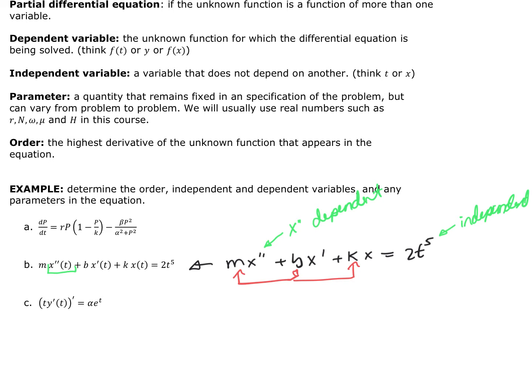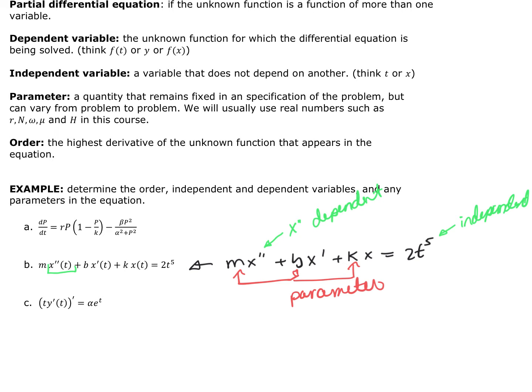Those are things that are going to be constant. It is not a constant of our integration. It's a thing that's not going to change through the entire equation that I'm looking at. So these are my parameters. These are my constants. And so I have my dependent, I have my parameter.